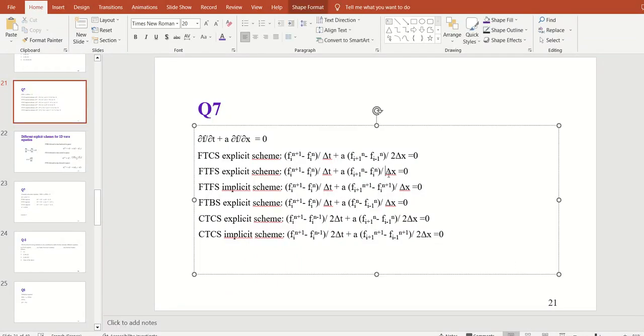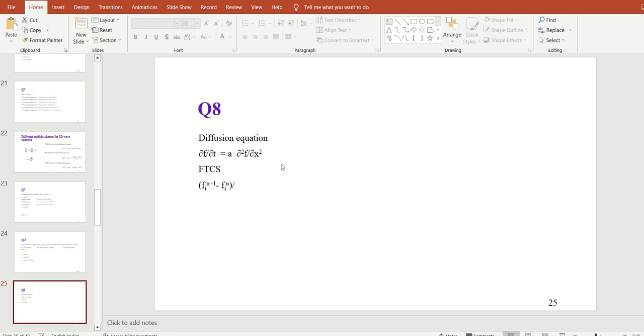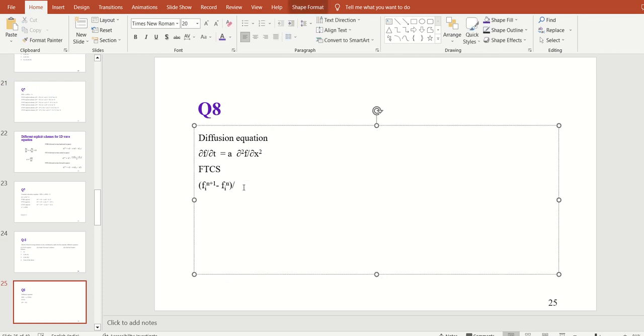Delta t is equal to a times dou square f by dou x square. So it would be forward time central space.